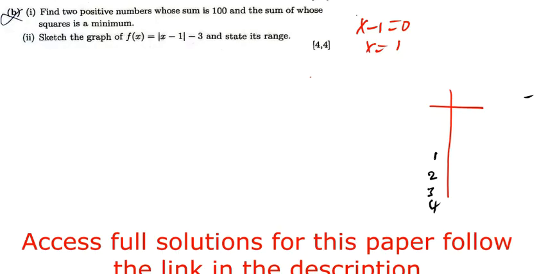Three numbers down are 0, -1, and -2. I can go as far as -3, like that.